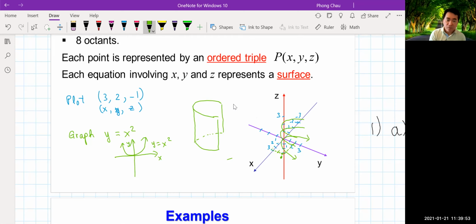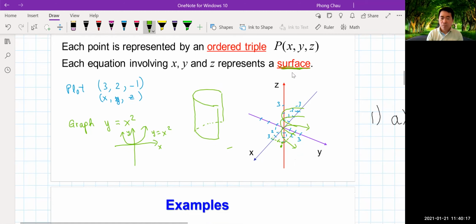Okay, so now we have three-dimensional objects. It's not a curve anymore. It becomes a surface. Okay, so in three-dimensional space, the equation involving x, y, and z now represents not a curve, not a line. It would represent a surface.